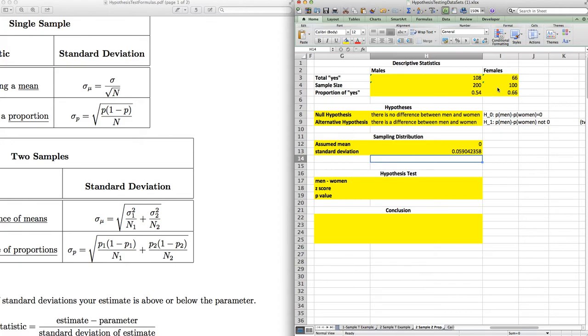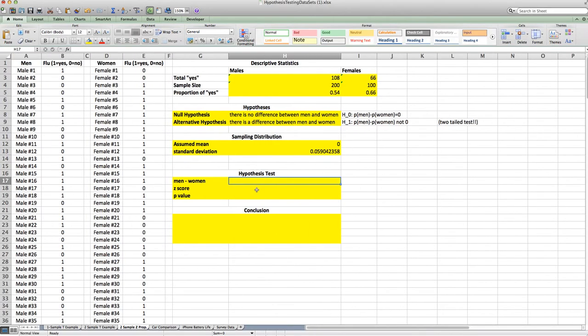So there's my standard deviation. Now, on our particular setup, we can take men minus women, so the proportion for men minus the proportion for women. It shows up to be negative because, of course, the proportion for women was actually higher in our sample. Then we ask, where is that as far as the z-score is concerned?